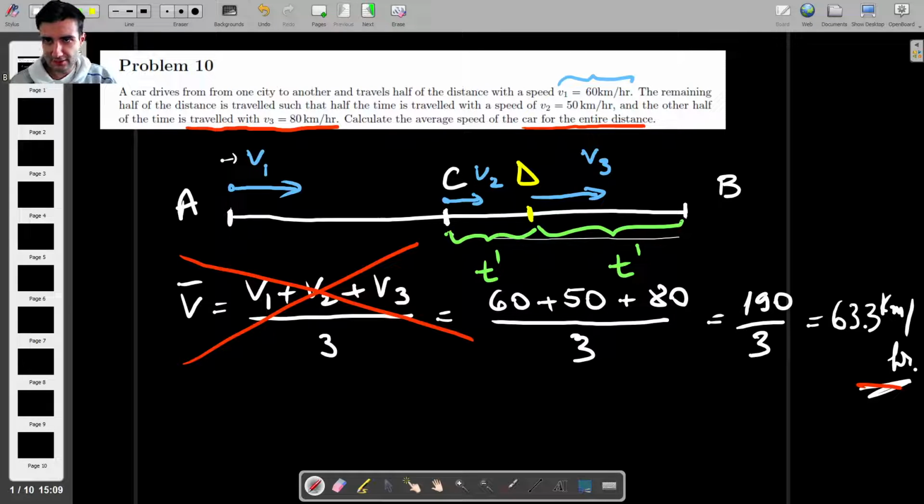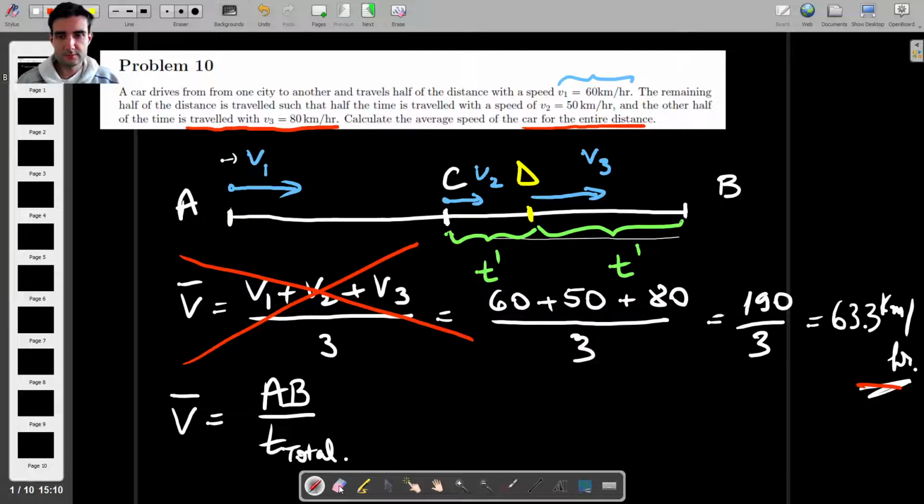So the basic definition of average speed is simply that of AB, which is the total distance, divided by the total time. That's it. So let's look at things in a slightly different way. And hopefully that will let us understand this idea of average speed a bit better.